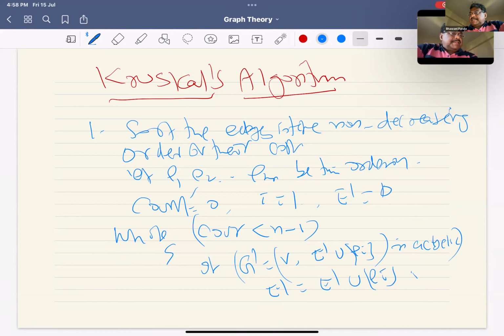That means you are checking one edge, and the so far selected edges, it is not forming any cycle. Then you add that edge and count is equal to count plus 1.